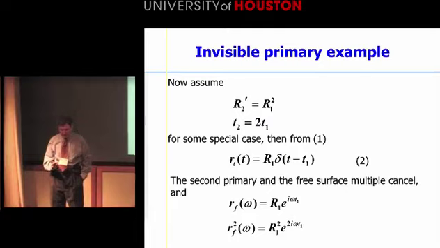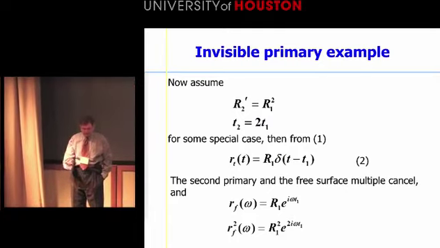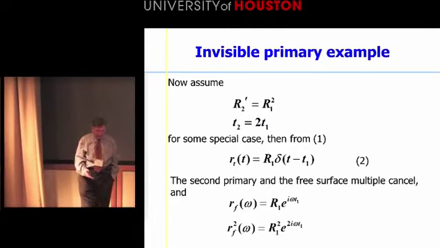It's not magic. You've told it there's a free surface because you gave it a free surface algorithm. It says if you have this event, you've got to have multiples. So it predicts the negative of that multiple that it expects, which is that primary. You get it?